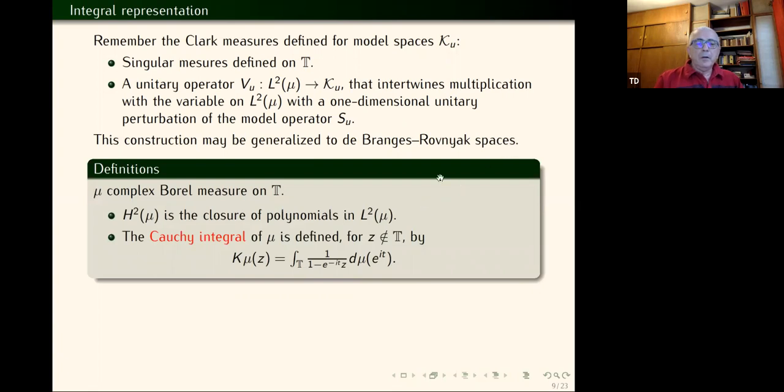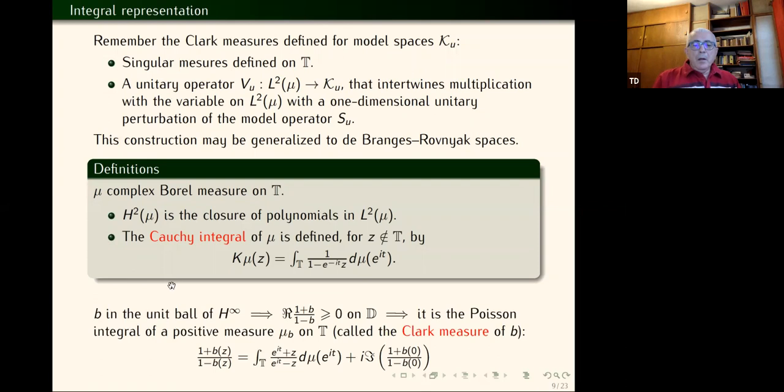But let's write some definitions. We take a complex Borel measure on T, then H2 of mu is the closure of the polynomials, and the Cauchy integral of mu is defined by the usual formula. Okay, now we take our B in the unit ball of H infinity.